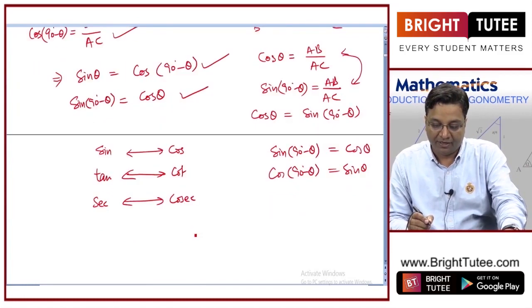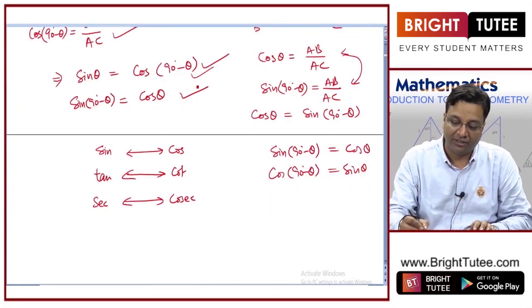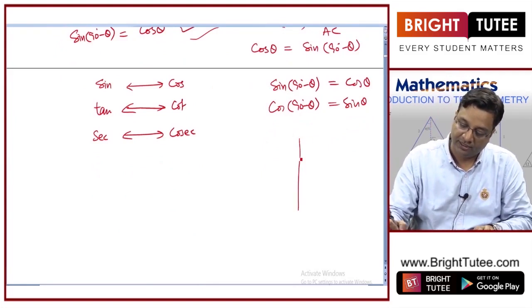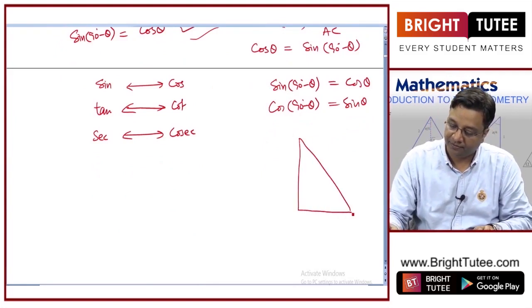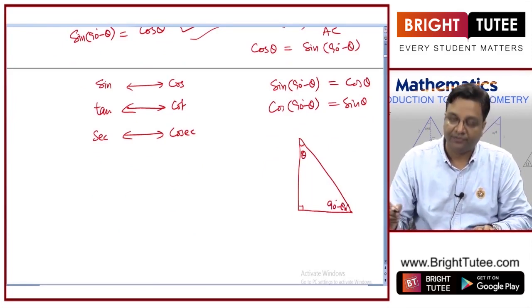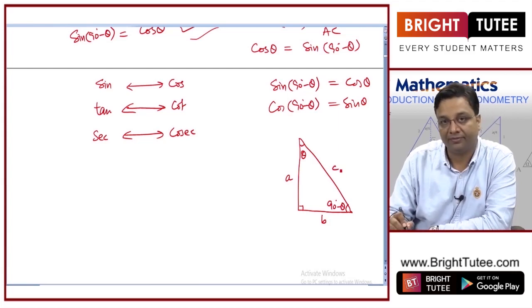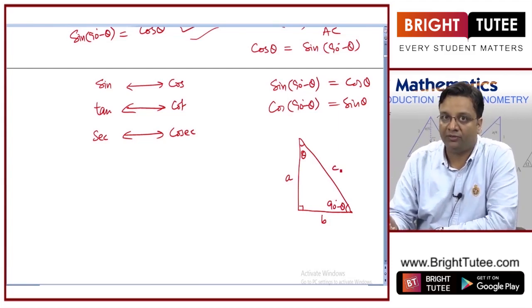Let us see. I have shown it for sine and cosine. Let me show it for tan and cot. Let us take this triangle once again. Let's say this is 90, this is theta, so this will be 90 minus theta, right? Let's name these sides as small a, small b and small c, just for the sake of convenience.